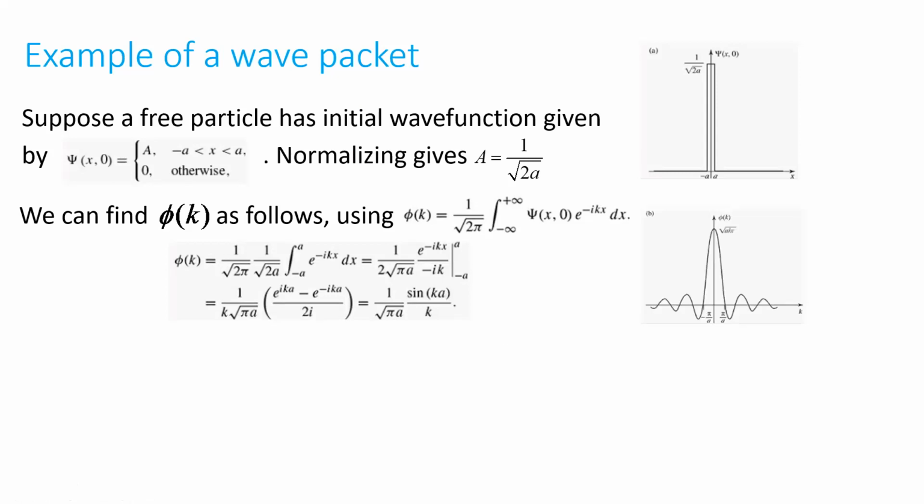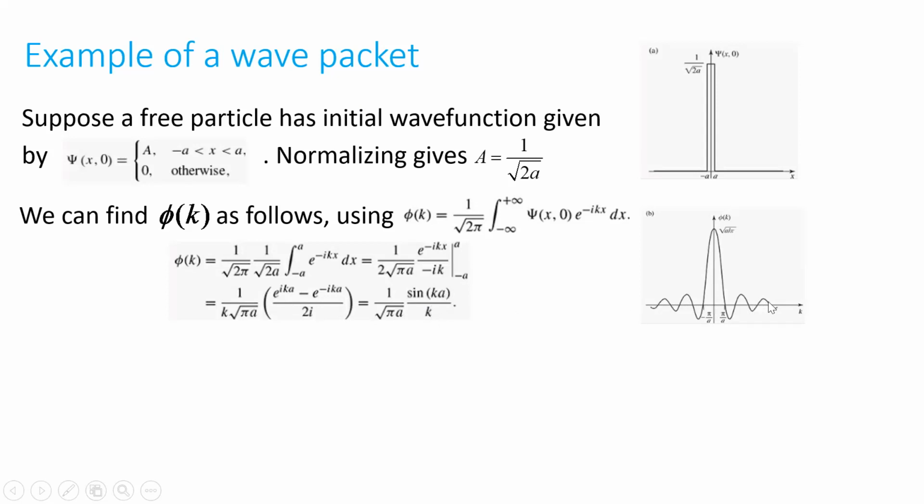And that looks like this. It's harmonic. It oscillates because we have sine of ka, but this is a plot of k on the x-axis and phi of k on the y-axis. So it's harmonic, it oscillates, but as k increases in either direction, the amplitude decreases.